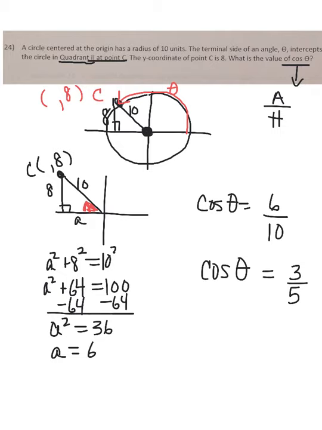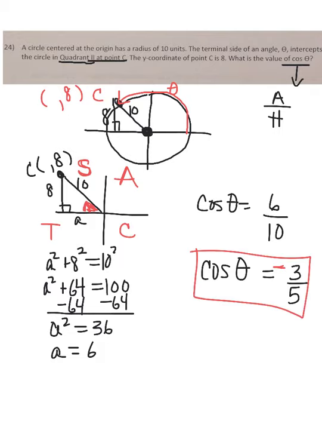And remember, in quadrant 2, all students take calculus, so this is the S quadrant, so the only thing that's positive there is sine, and I don't have sine, so I need to negate that value, and there's your answer.